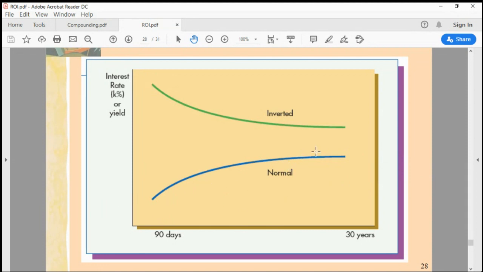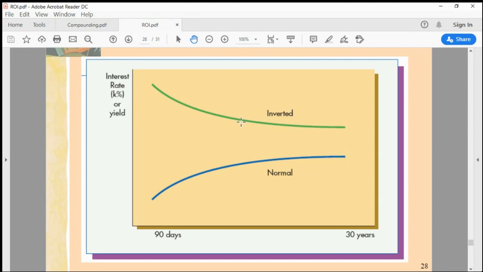But when does this happen? Well, it happens when the market expects or anticipates a recession anytime soon. In other words, an impending recession.